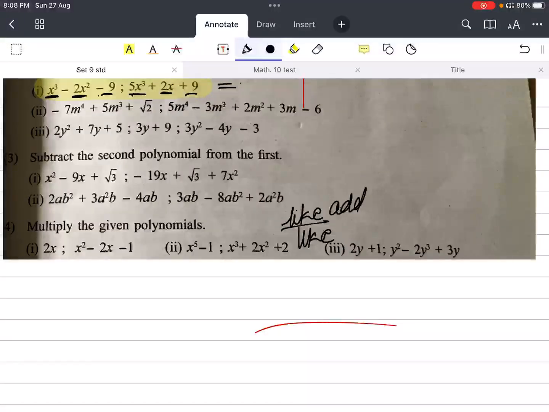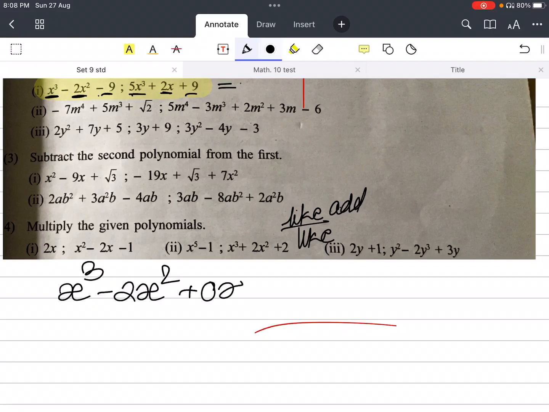First of all we will write it in index form: x cube minus 2x square plus 0x minus 9. So this is our first equation.